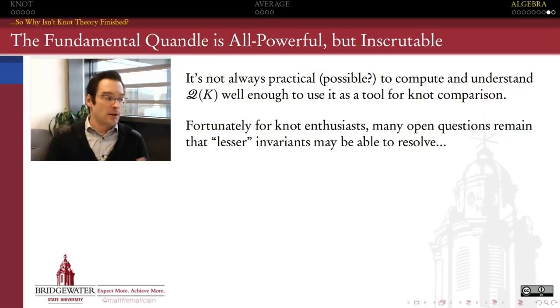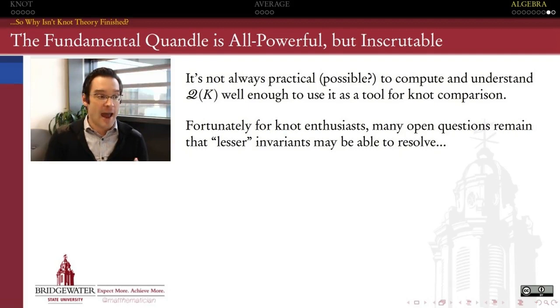So if the fundamental quandle is all-powerful, why doesn't it completely close the book on knot theory? Well, again, the fundamental quandle is impossible in general to compute. We can't expect that we can just write down the fundamental quandle for knots to distinguish between them. But fortunately for us, there are still a lot of open questions out there that lesser knot invariants, like the Alexander polynomial, like all of the other polynomial invariants and algebraic invariants which are associated with knots, and there are dozens in the field, can address.